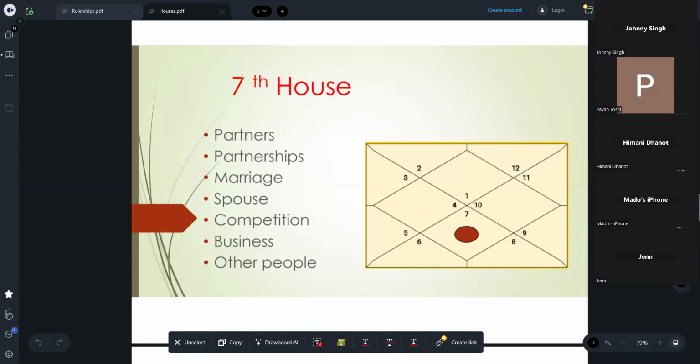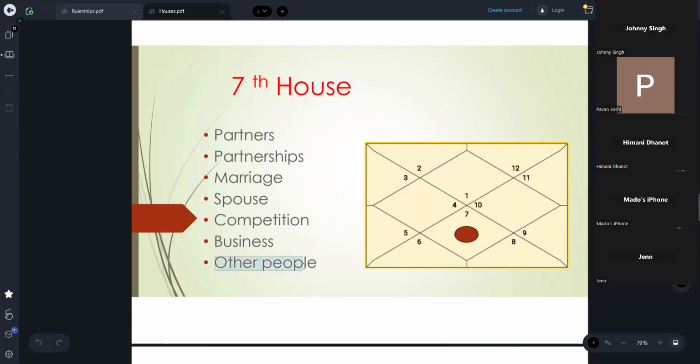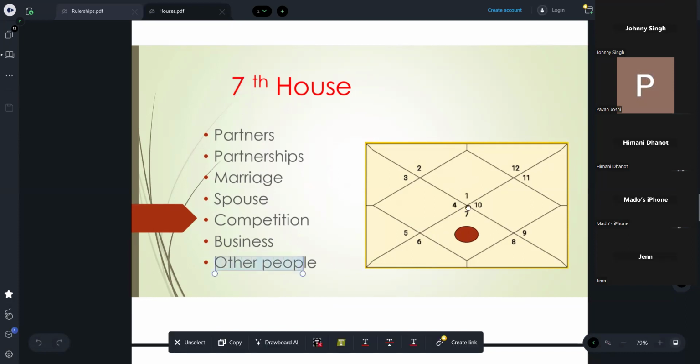We missed a point here in the seventh house. The seventh house, along with partnerships and marriage and spouse, competition, and business, also represents other people. Because if the first house was you, if we went back to the very first slide, the first house was you in every way. It just totally represents you. If the first house is you, then directly opposite of your house is the house of other people that you interact with, that you meet.